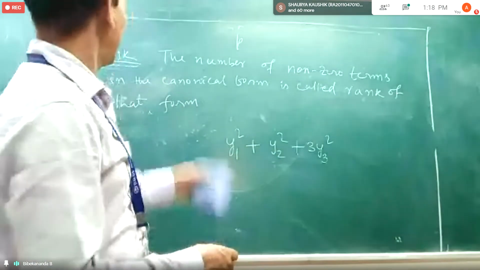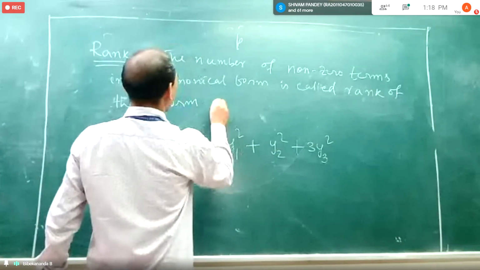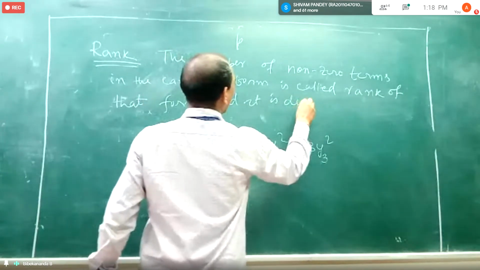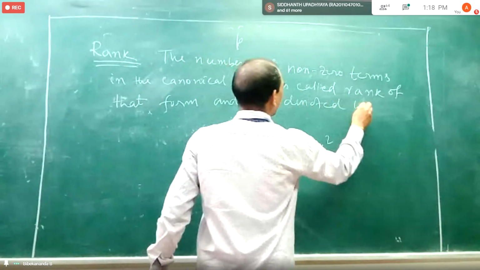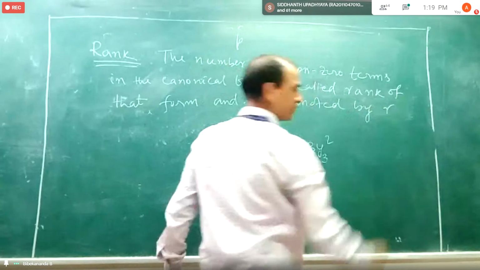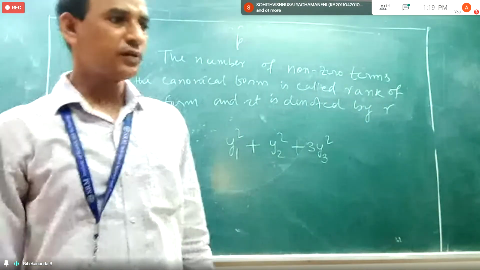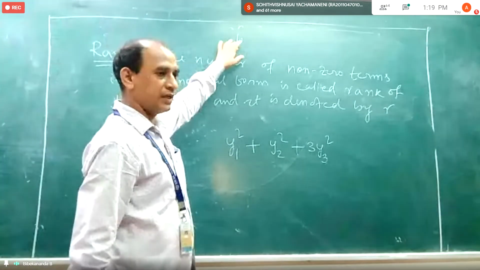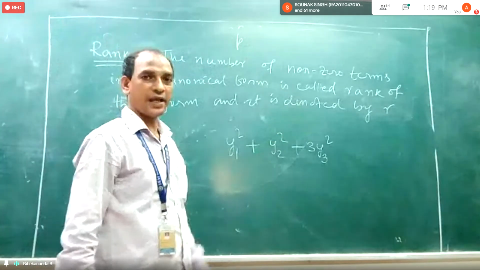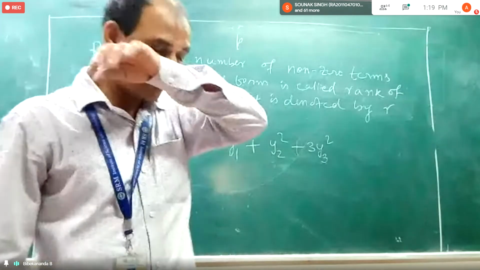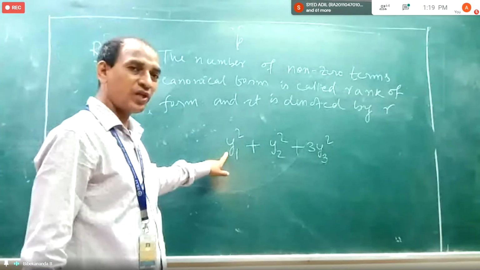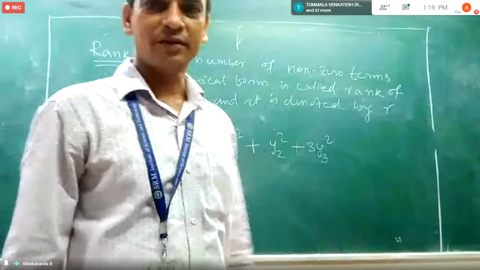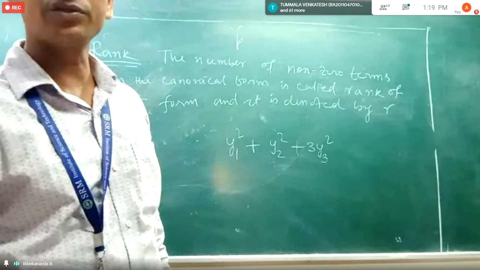In the rank, it is denoted by small r. Small p means index, small r means rank. So here rank is 3, and the index is also 3.